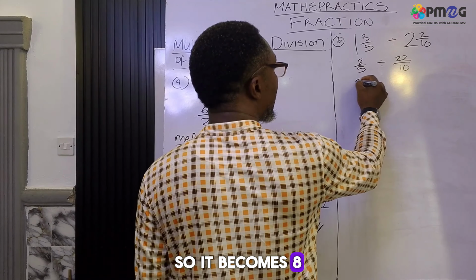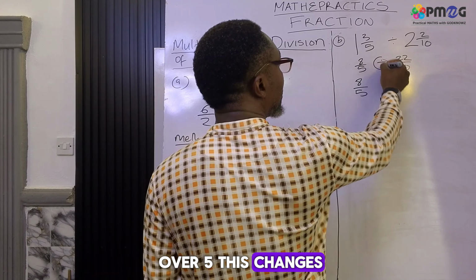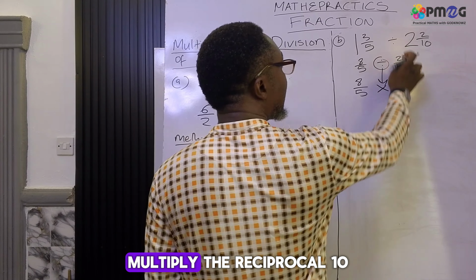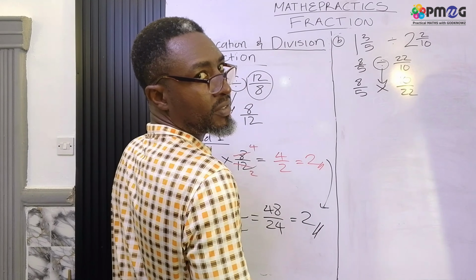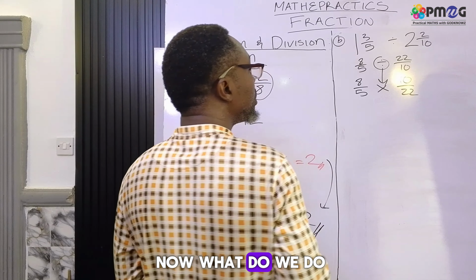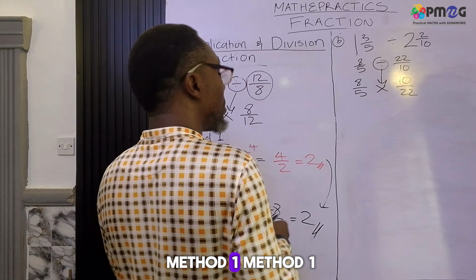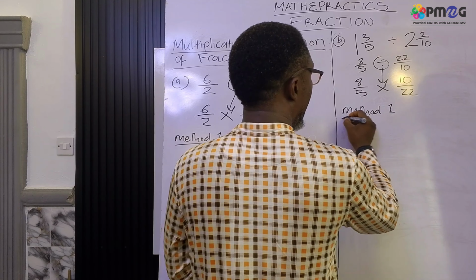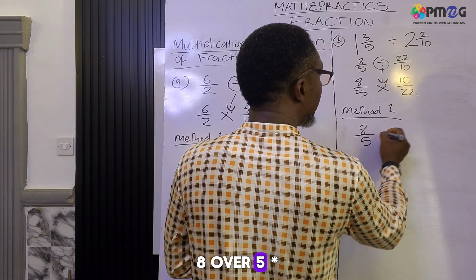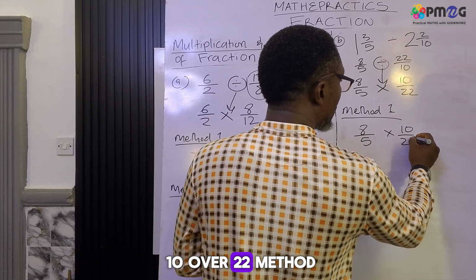So it becomes 8 over 5. This changes to multiplication. Multiply by the reciprocal, 10 over 22. I believe this is clear. So now, let's cut down with method 1. 8 over 5 times 10 over 22.